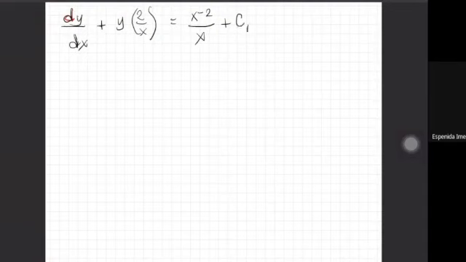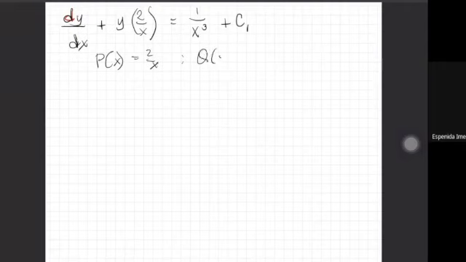But this x to the negative 2 over x, you can also write it as 1 over x cubed. So now, your p of x is 2 over x, and your q of x in FOLDE is 1 over x cubed plus c sub 1.